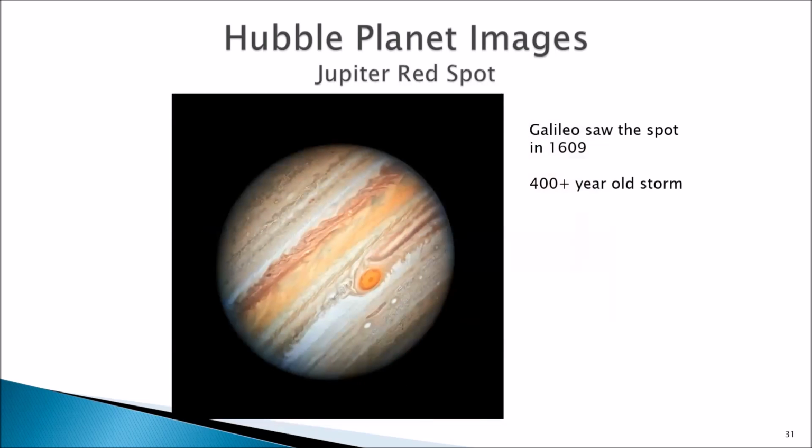So here's Jupiter in a Hubble photo, making a good image of what we call the red spot. And Galileo in 1609 was the first one to see the spot with one of the first telescopes ever built. So that spot is a storm on the surface of Jupiter, and it's over 400 years old and doesn't seem like it's going to change anytime soon.